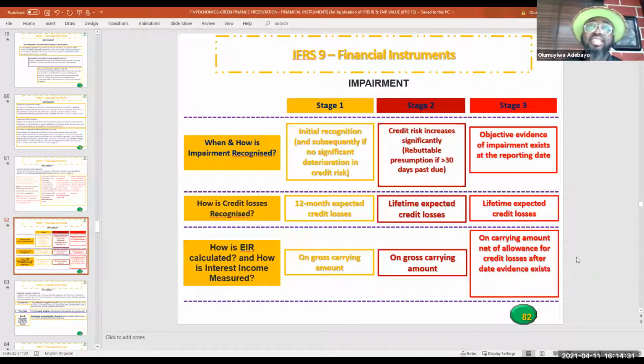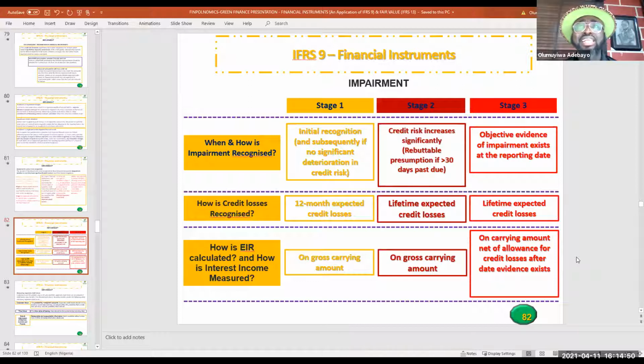You belong to stage 3 when there's an objective evidence that there's a credit loss event. What does that mean? And I'm going to show you. There's a credit loss event when you are already in default, or what I will call perpetual default.